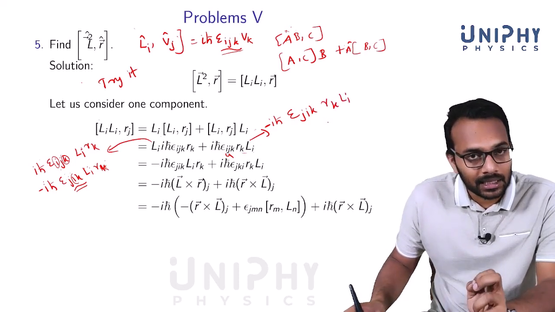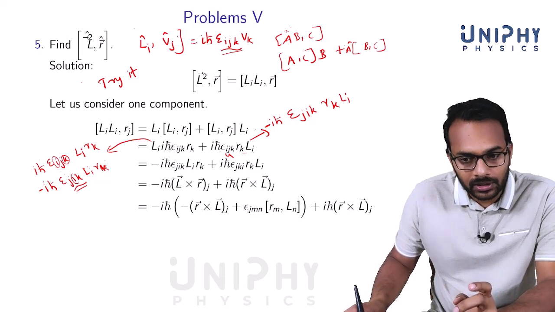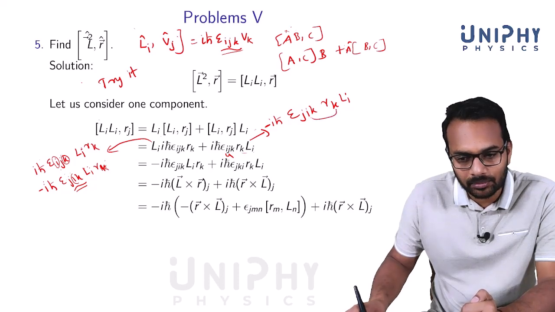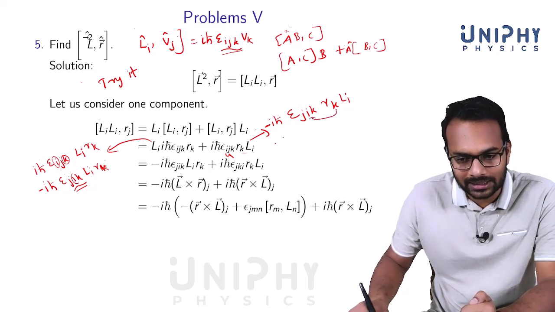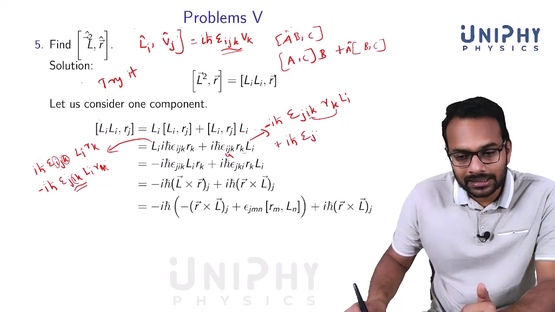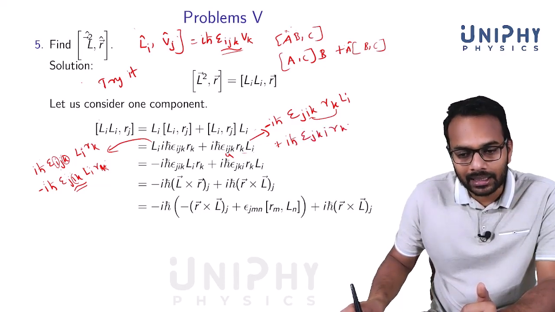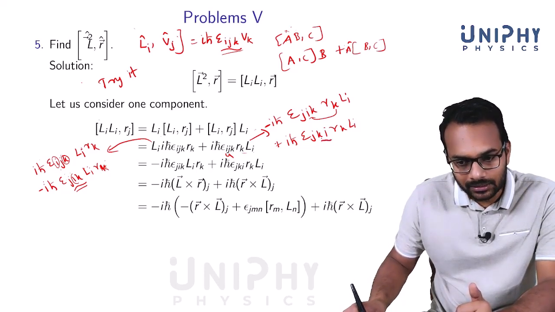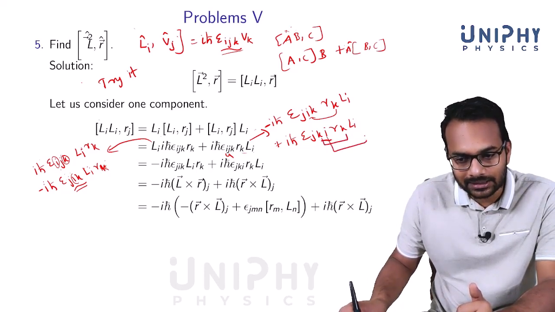Is this R cross L? No. Why? Because for the jth component of R cross L, we need epsilon jki, right? This has to be summed over with the second index. So we do one more interchange and you'll get a plus sign here. That's iħ epsilon jki Rk Li. Now clearly you see this index comes here and this index comes here. It's all correct.